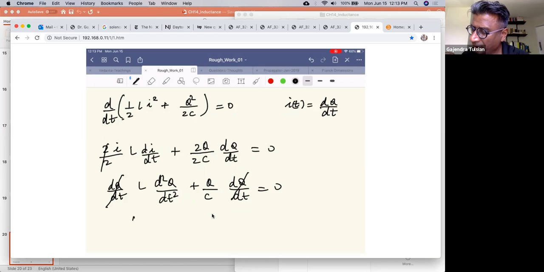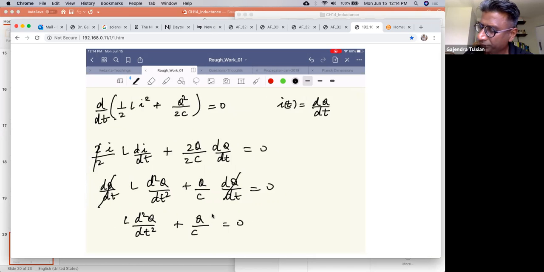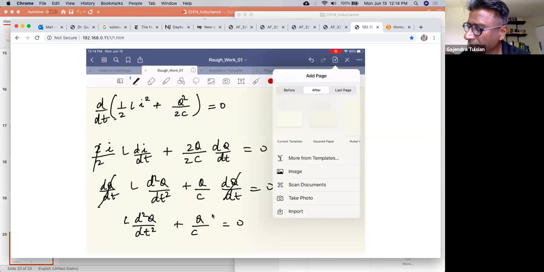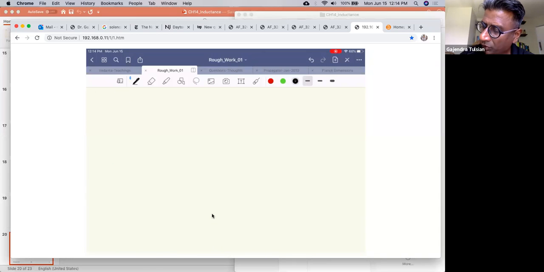So L d squared Q by dt squared, and so now d squared Q by dt squared plus 1 over LC Q equals 0.